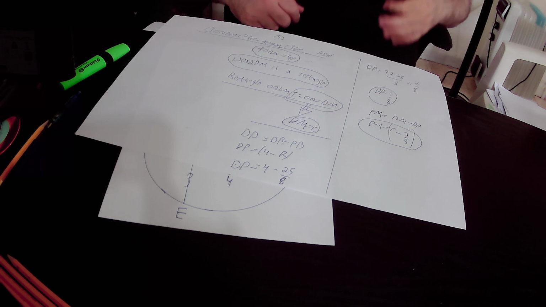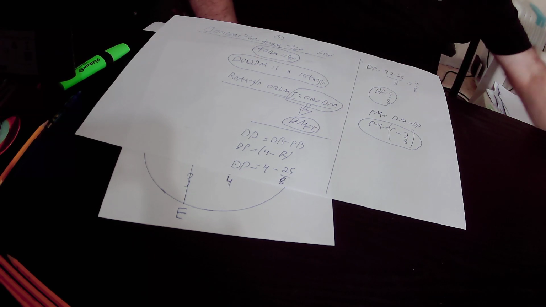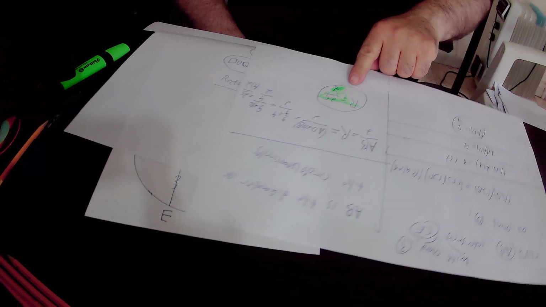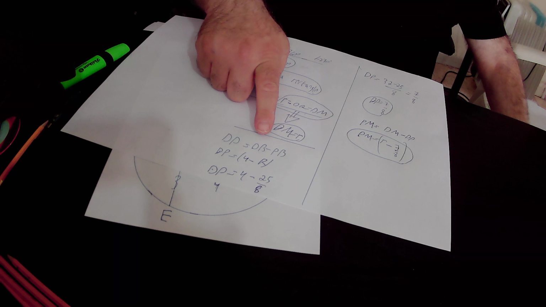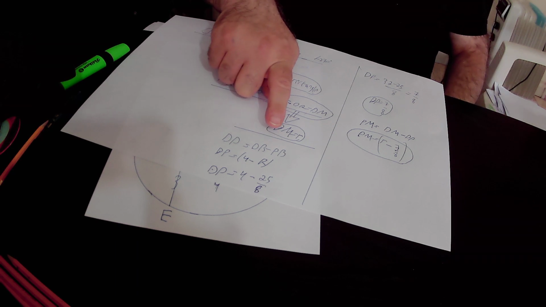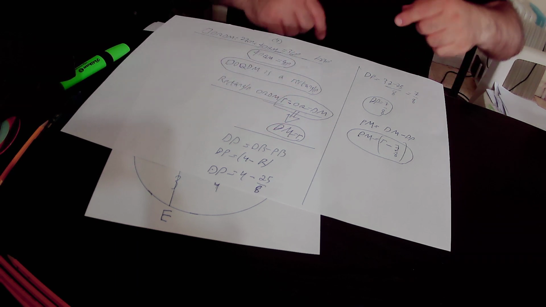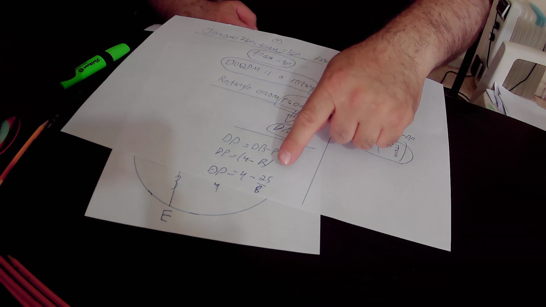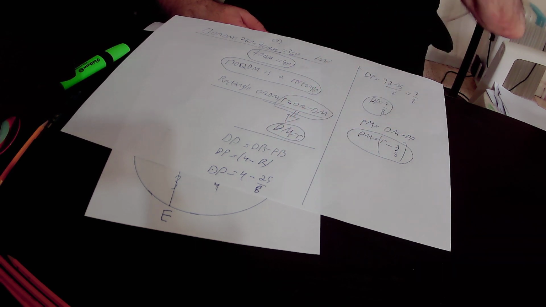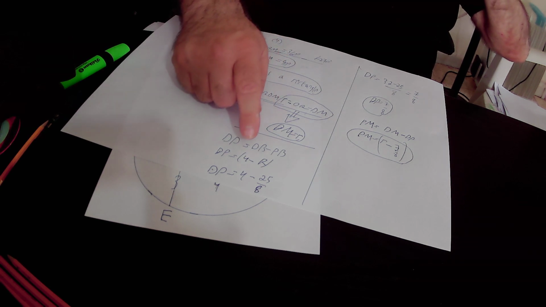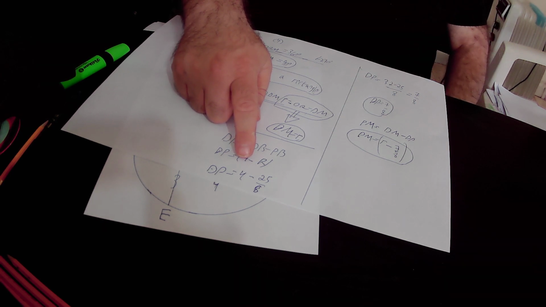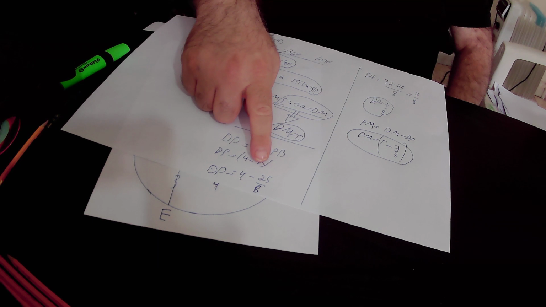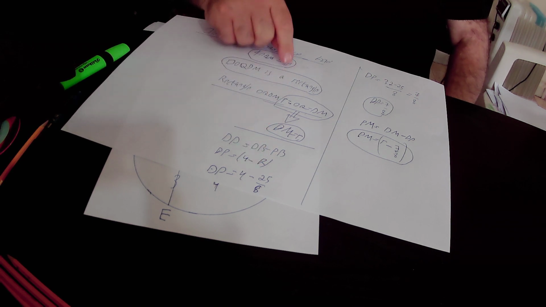But we have already found out that capital R equals 25 over 8. So we can substitute capital R in this equation by 25 over 8, and we got that DP equals 4 minus 25 over 8. Here we multiplied 4 by 8 and then divided by 8 in order to have a common denominator with minus 25 over 8.